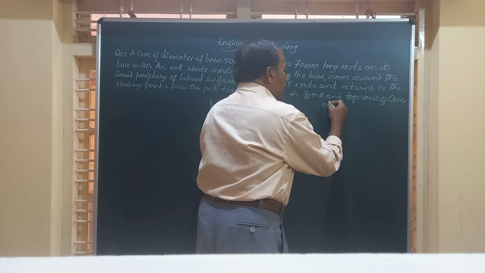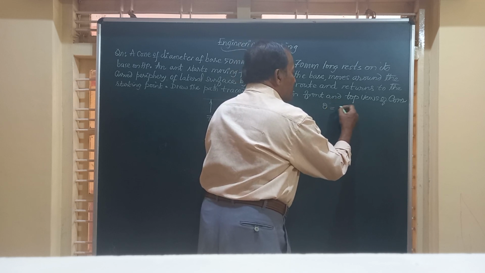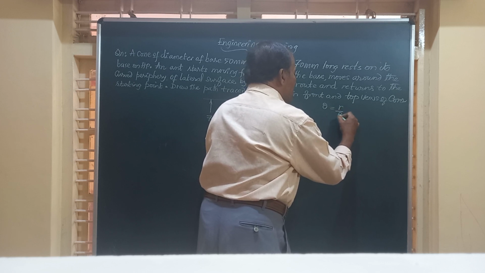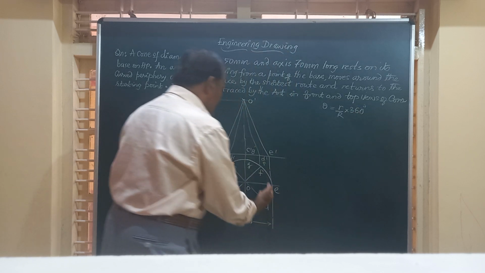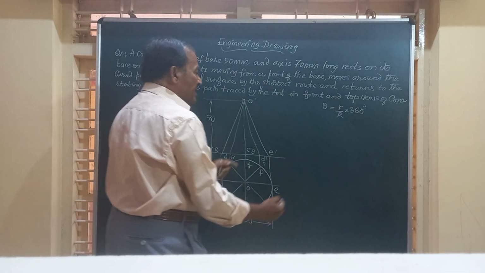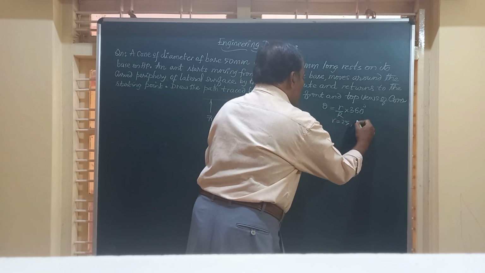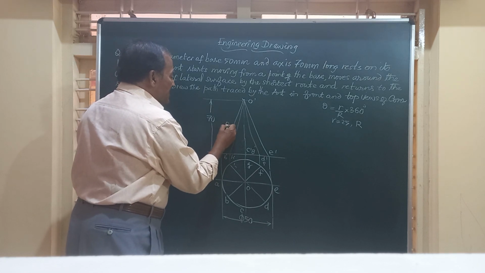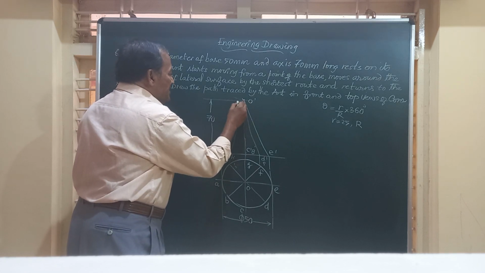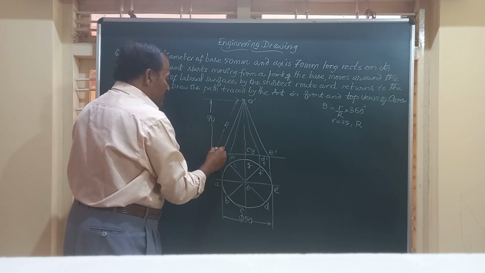The included angle or the sector angle theta is equal to small r by capital R into 360 degree, where small r is the radius of the base, that is diameter by 2, equal to 25, and capital R is the true length of the generator, which can be obtained after construction of the figure.